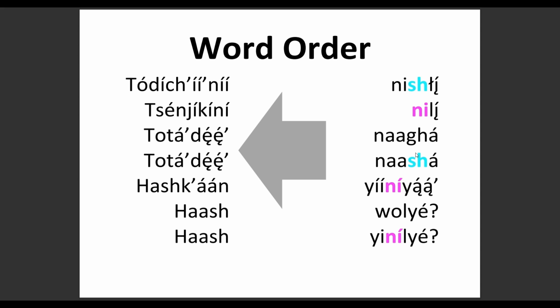And if there is no marker for N or SH, it's the third person, which is they, he, she, or it.